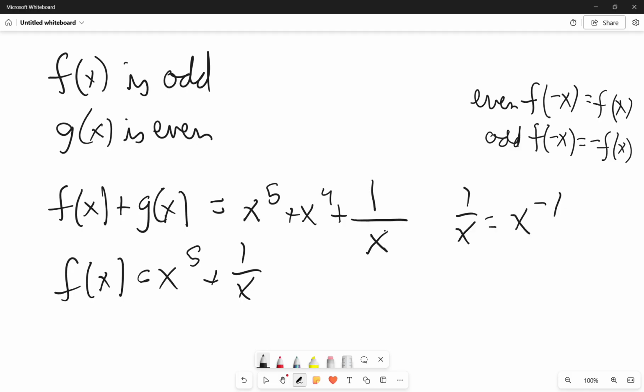So f of x is x to the power of 5 and 1 over x. And coincidentally, g of x is the only term left, which is x to the power of 4. And since 4 is even, g of x is even, and that satisfies the desire. Okay, but these types of problems can get a little tricky.